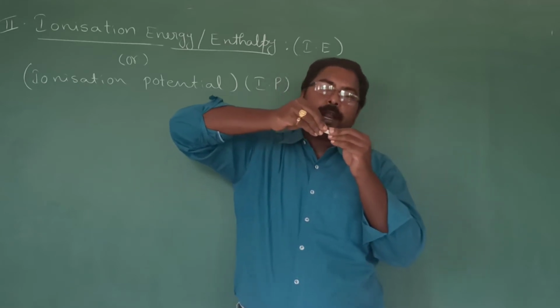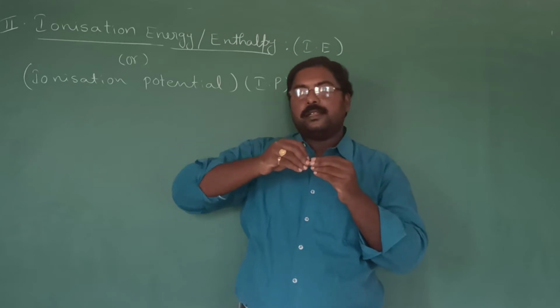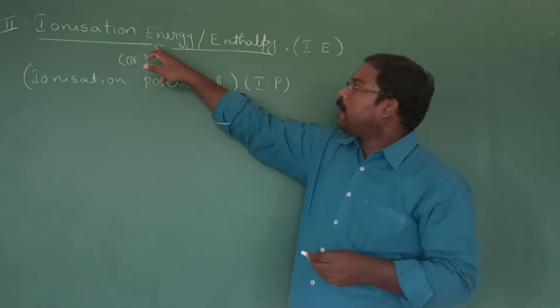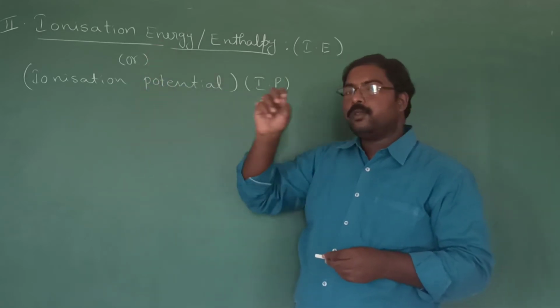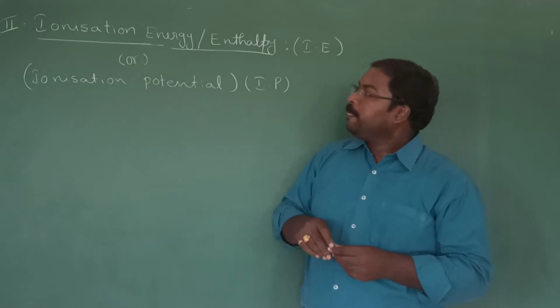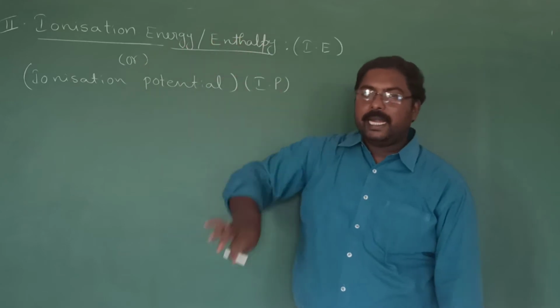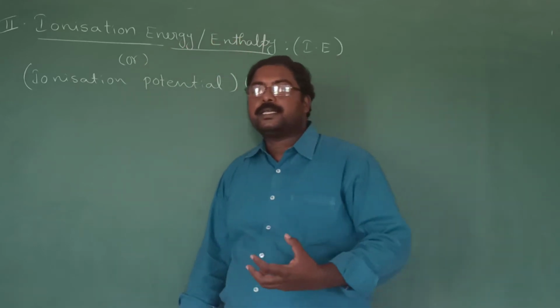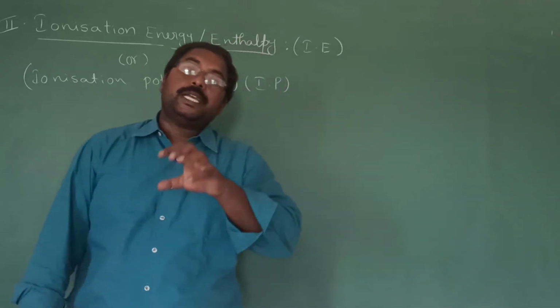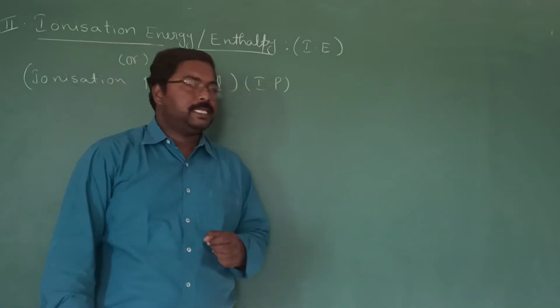I have to apply more energy, right? So there are many factors that affect ionization energy. Those are very important. So first let us discuss the definition, what is meant by ionization energy. Then we will discuss the factors which affect ionization energy.